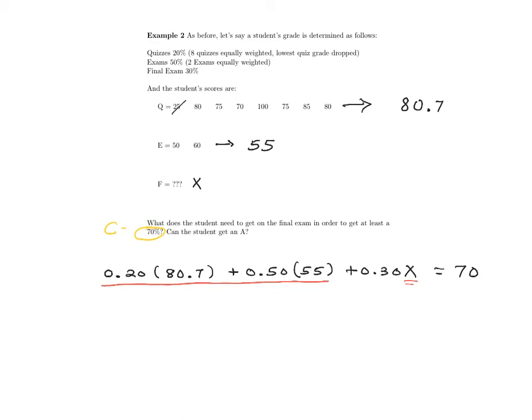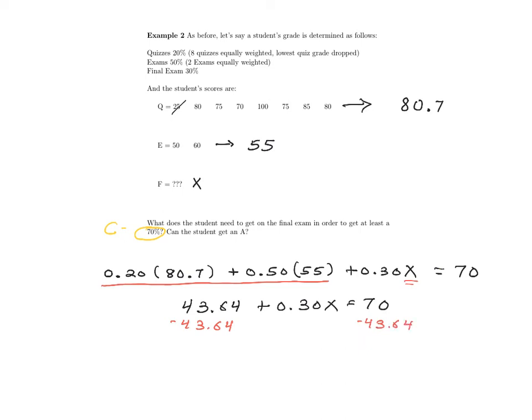Okay, so I get 43.64, so that's 43.64. Then I have plus 0.30x is still equal to 70. I'm going to subtract this 43.64 from both sides.